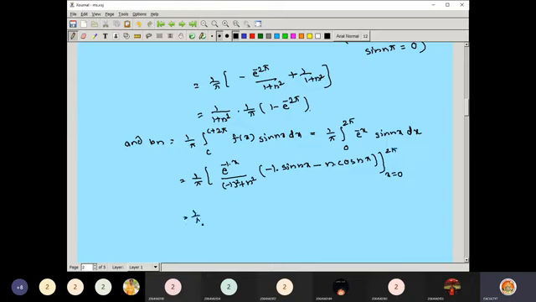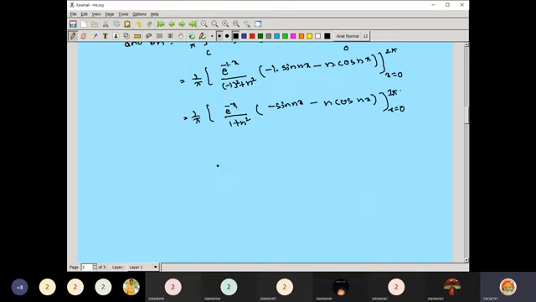So it is equal to 1 by pi. So finally e power minus x by 1 plus n square. So we have here minus sin nx minus n into cos nx. So right here the limits 0 to 2 pi. Now I am substituting upper limit minus lower limit.